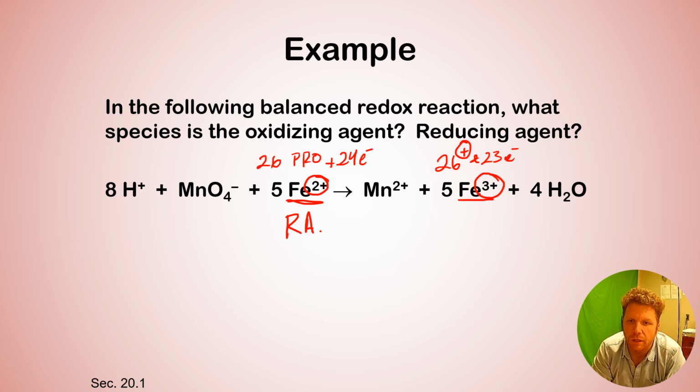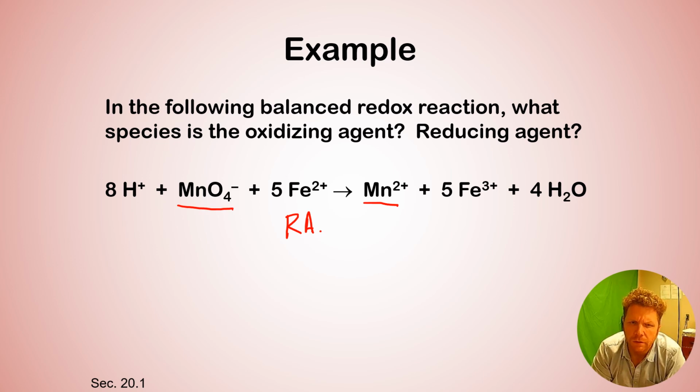Okay, next up, let's see if we can find something else that maybe is oxidized or reduced. Well, the other ion that I see that stands out is Mn2+. And then over here we've got oxygen, that's a 2- charge each. There's 4 of them, so that's going to be -8. What plus -8 gives an overall charge of -1? Well, that would be manganese with a +7.